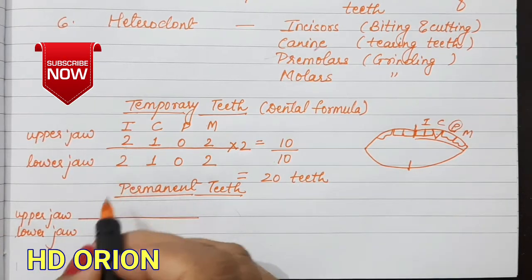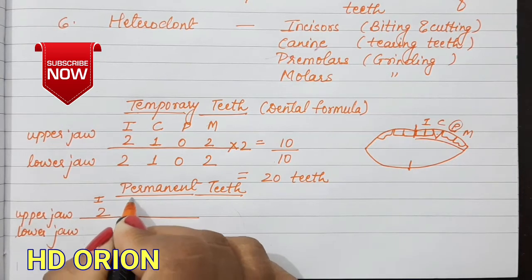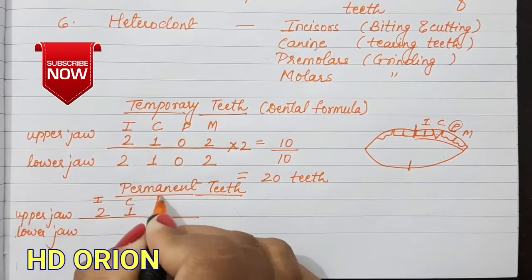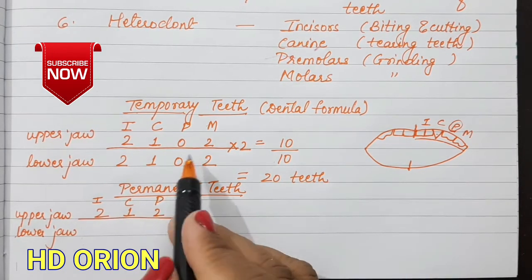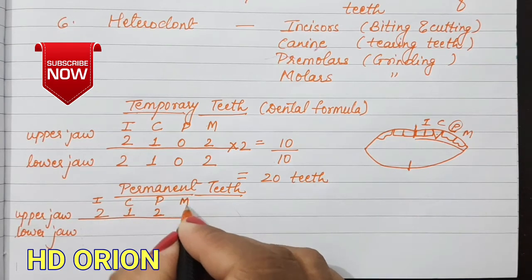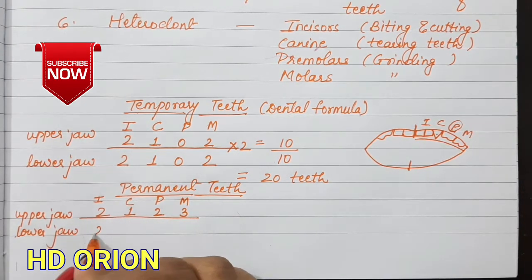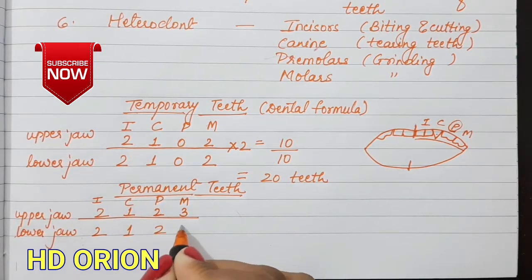So incisors are again 2, canine 1, premolars 2. There were no premolar in the temporary teeth. Now in the permanent teeth, the premolars have come, and there is a third molar that appears in the upper jaw, and the same arrangement is there in the lower jaw.